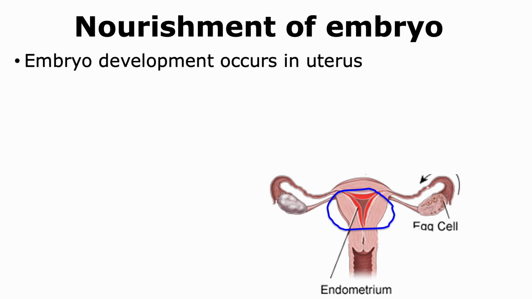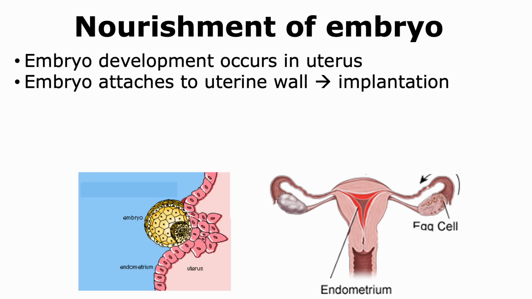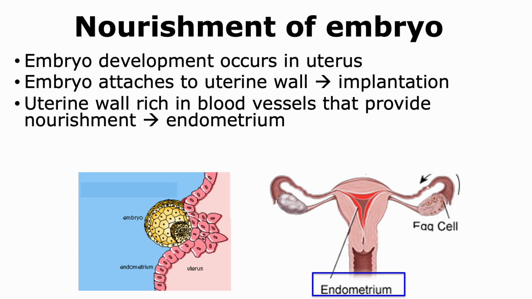Most of the embryonic development in mammals occurs in the uterus. Now, the embryo attaches to the uterine wall through a process called implantation, which is shown in the figure to the left. The uterine wall is rich in blood vessels that provide nourishment, and that region is called the endometrium, which is highlighted in the figure to the right.